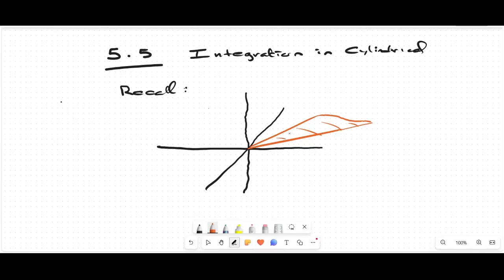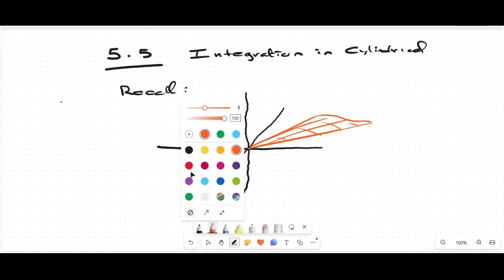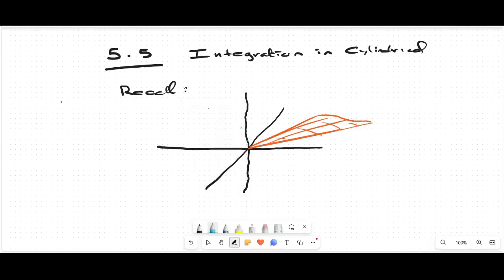Looks kind of like this. And then our function took values over this shape. So maybe the function looks like this or something like that.